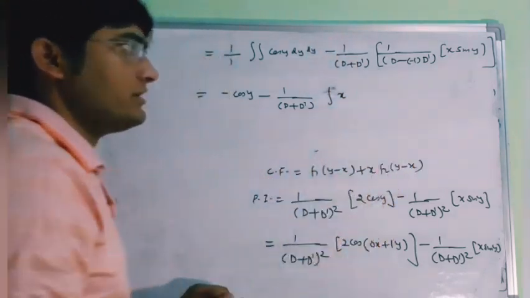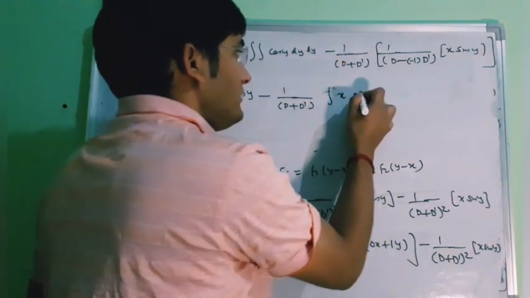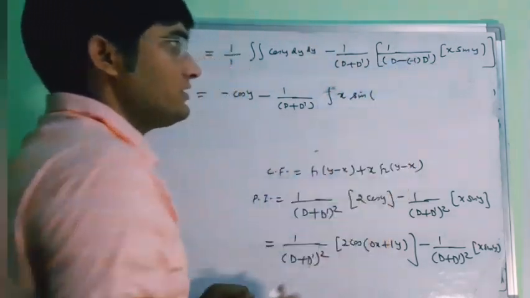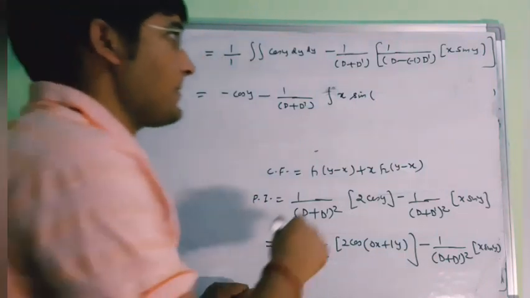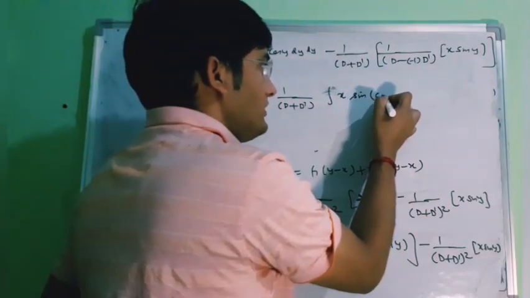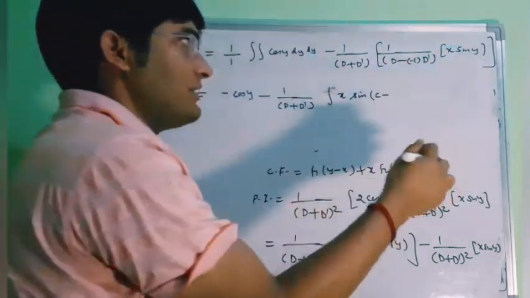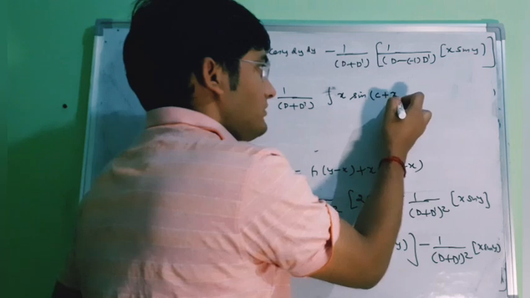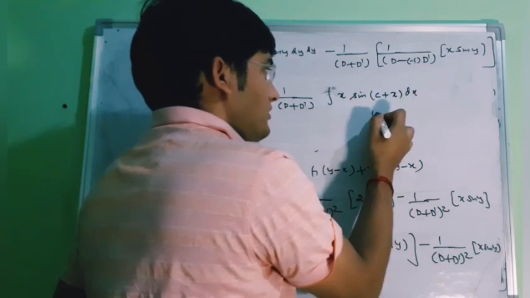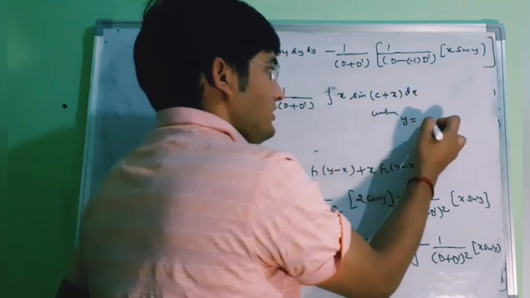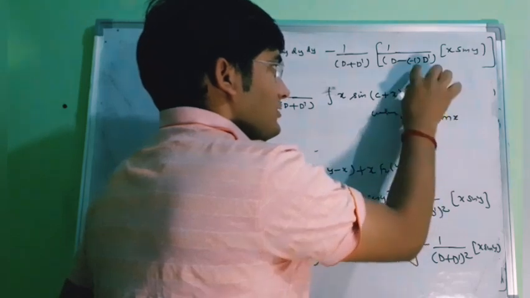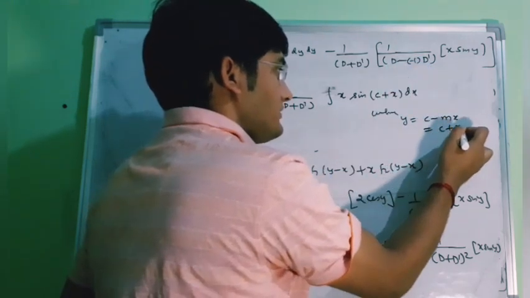Now we will have to replace our y by c minus mx. m is minus 1, so this will be c plus x dx, where y equal to c minus mx, and m is minus 1, so this will be c plus x.